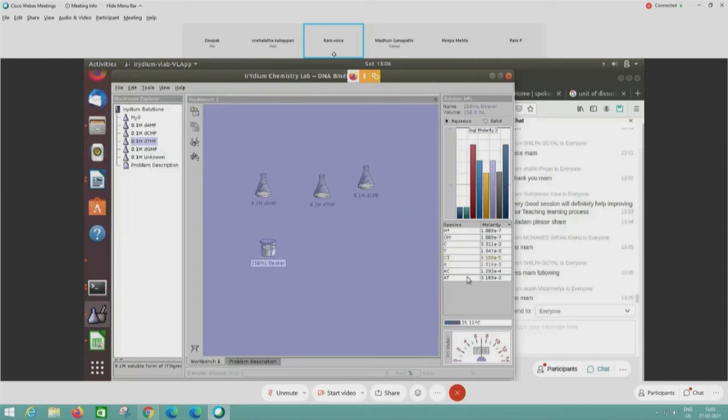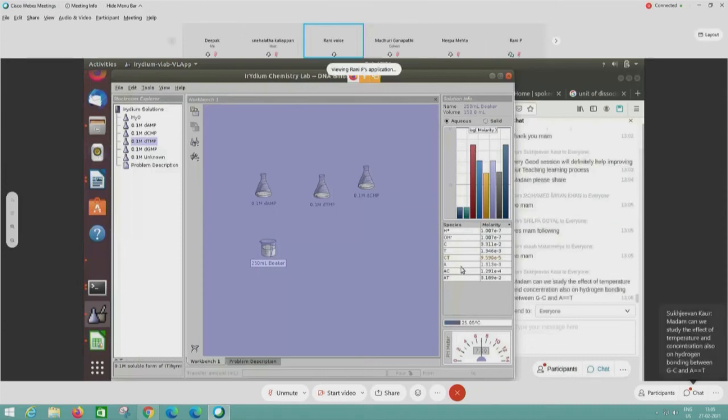Notice that now AT is the prominent base pairing scheme. AC and CT are also seen at very low amounts at micromolar level. Free A, free T, and free C bases can also be seen.